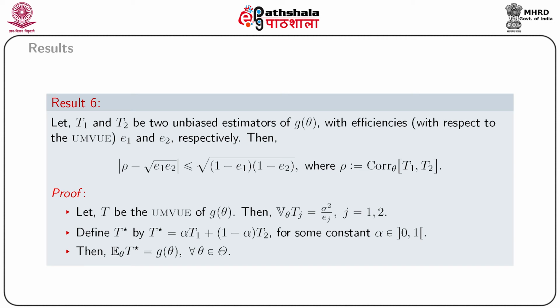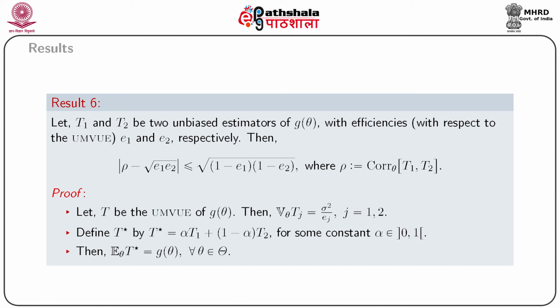Let T be the UMVUE of g(theta) with variance of T equal to sigma square. Then variance of Ti is equal to sigma square by ei for i equals 1, 2. Let us define a statistic T star such that T star equals alpha into T1 plus (1 minus alpha) into T2 for any constant alpha belonging to the interval (0, 1).